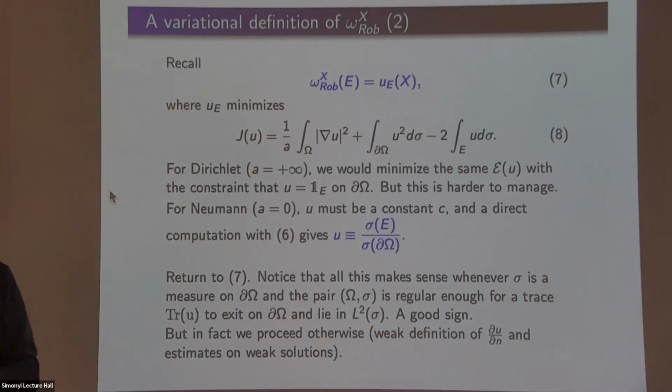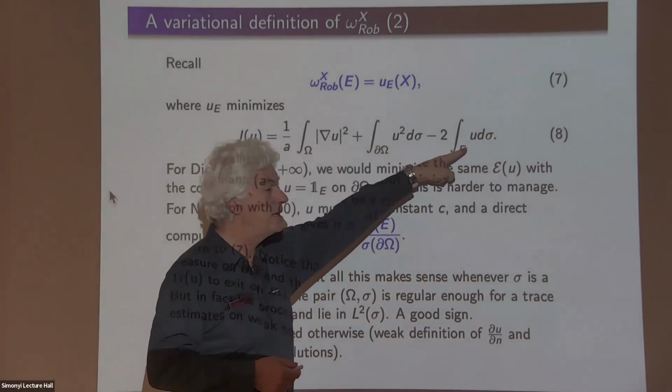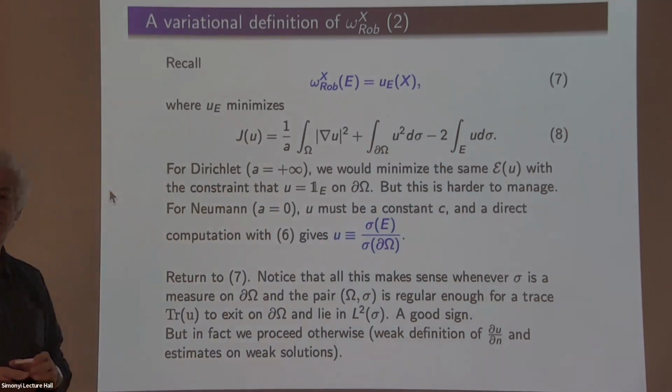So I'm saying here, there's u in the domain, and there is some guy here, which I should call the trace of u, and which exists if the domain has some reasonable regularity, like NTA and something else.